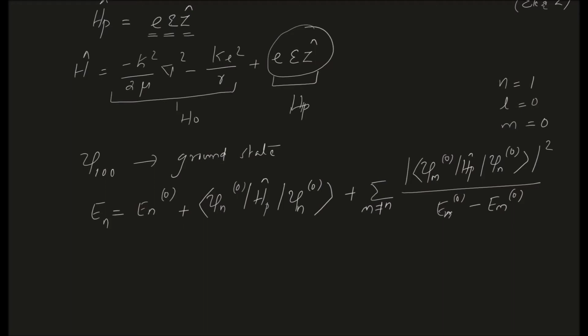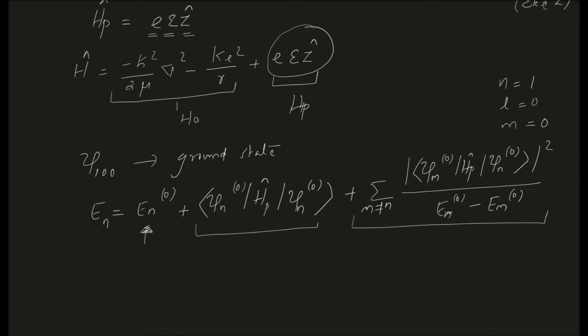So this was the expression that we have seen yesterday for the energy eigenvalues using non-degenerate perturbation theory. This is the first order correction term, this is the second order correction term, and this is the unperturbed energy of the system.